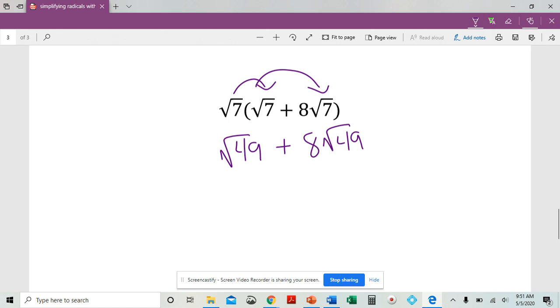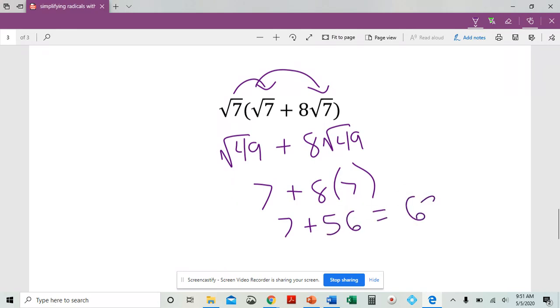Well, let's look inside those radical signs. We know the square root of 49 is just 7, plus 8 times 7. So we've got 7 plus 56, which is going to equal 63. So simplified all the way down, 63 is going to be our answer right here.